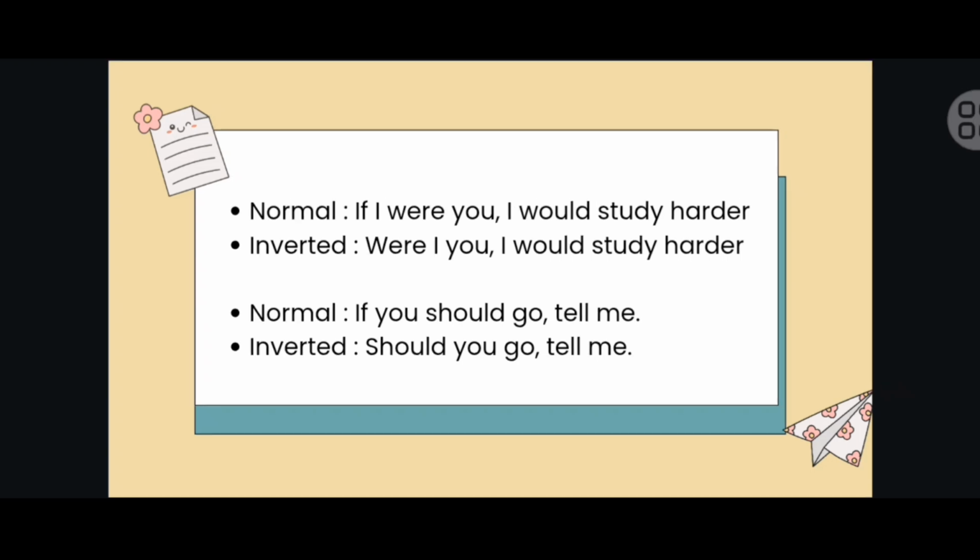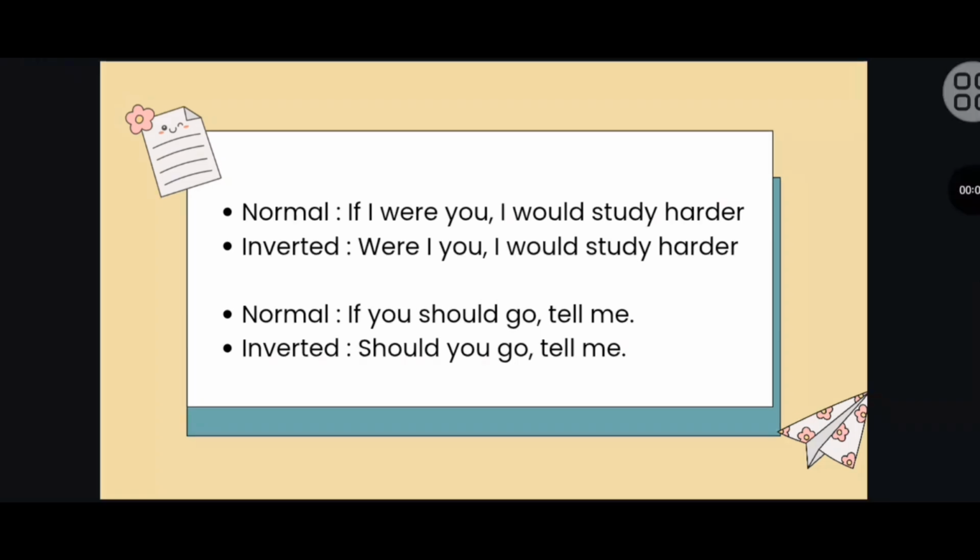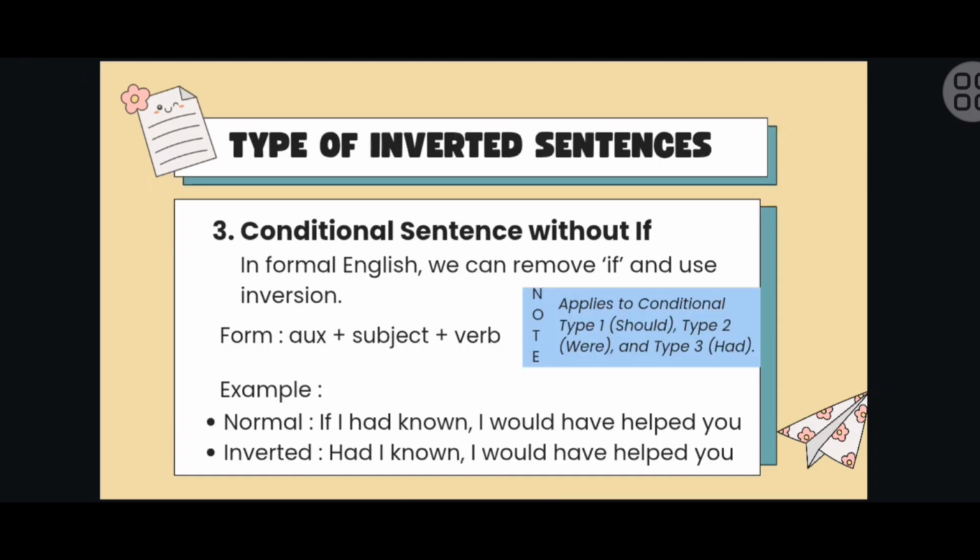And the last one, in normal sentences: if you should go, tell me. In inverted sentences: should you go, tell me. If I were you is conditional sentence type 2. If you should go is type 1. And if I had known is type 3.